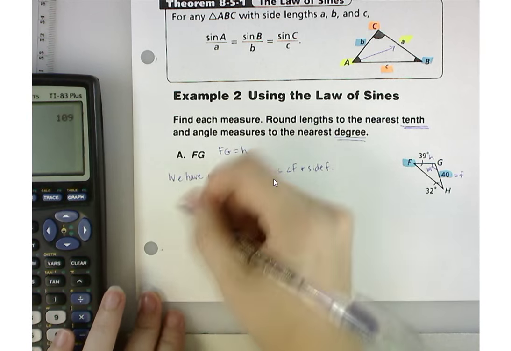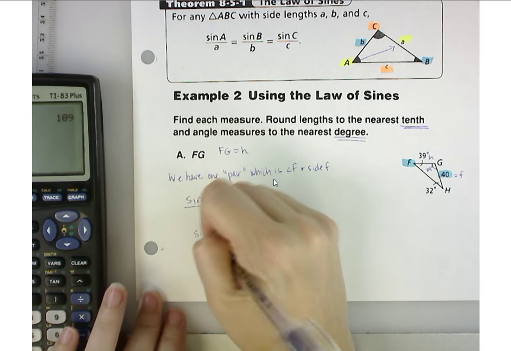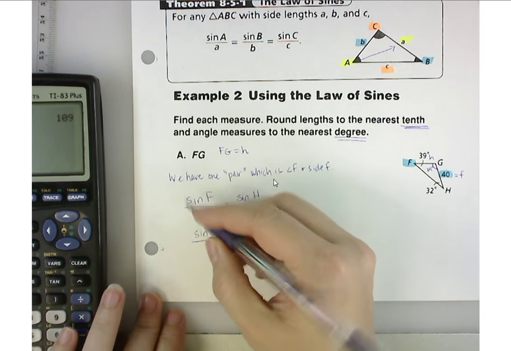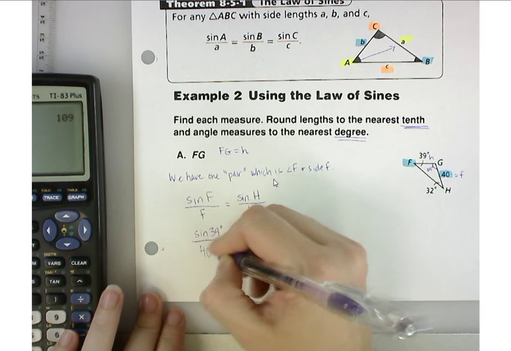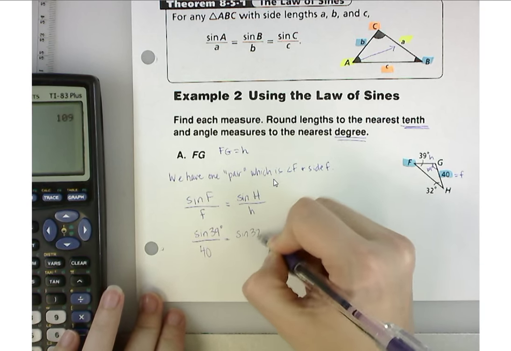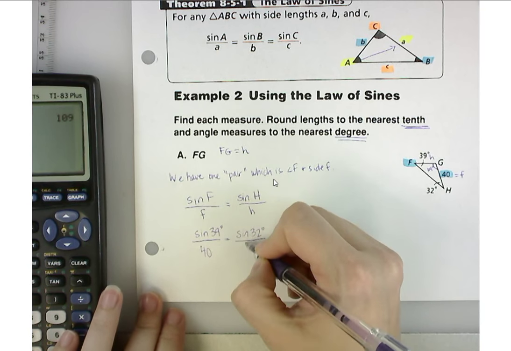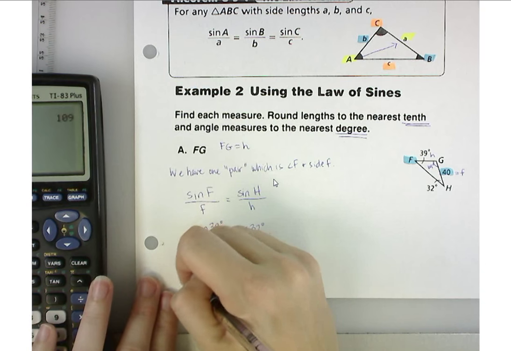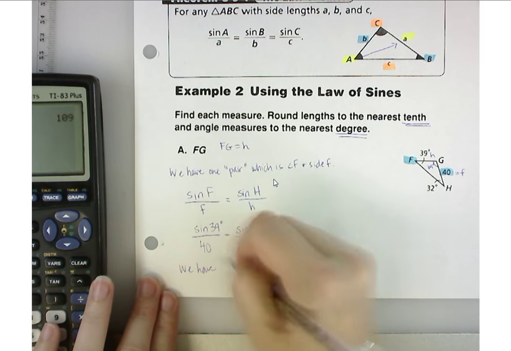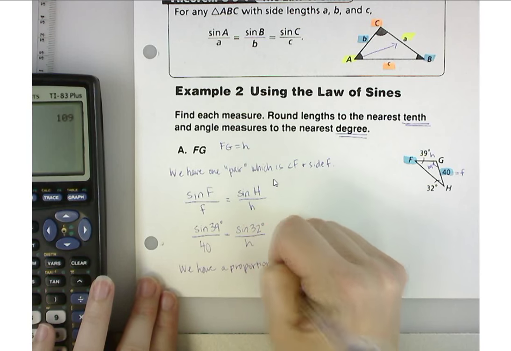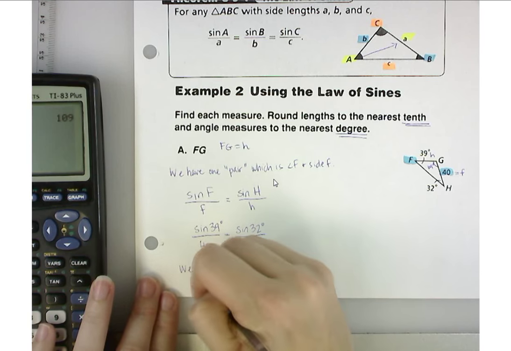So the sine of 39 degrees over 40 equals the sine of 32 degrees over h. So we have a proportion, and we're going to cross multiply to solve.